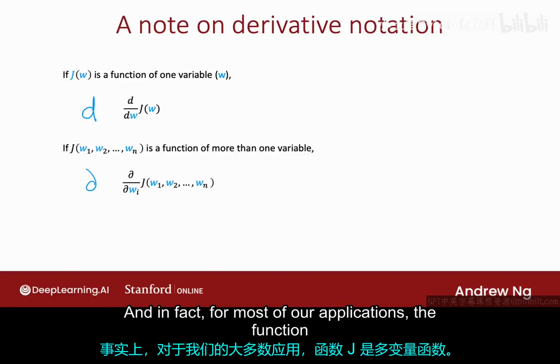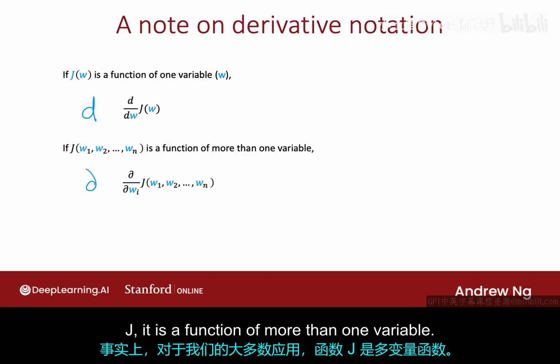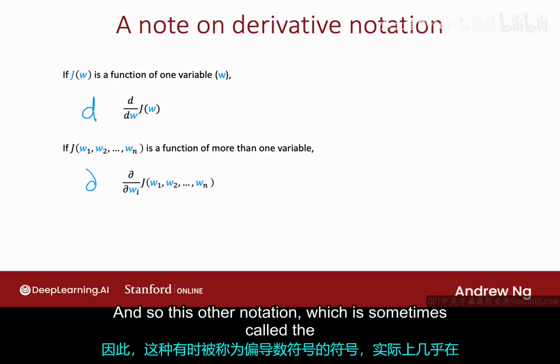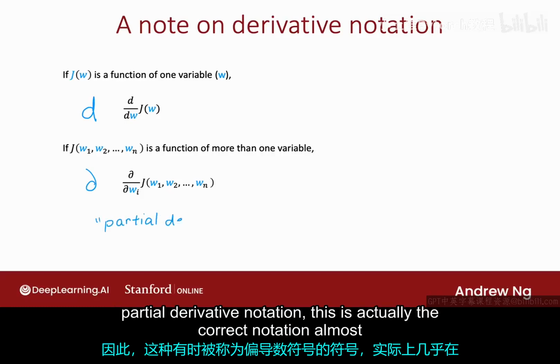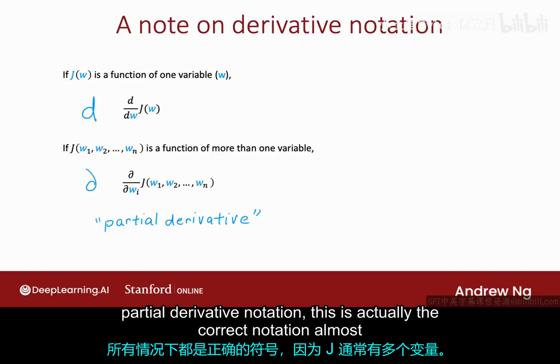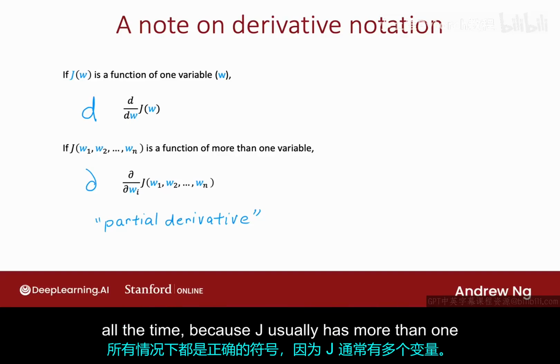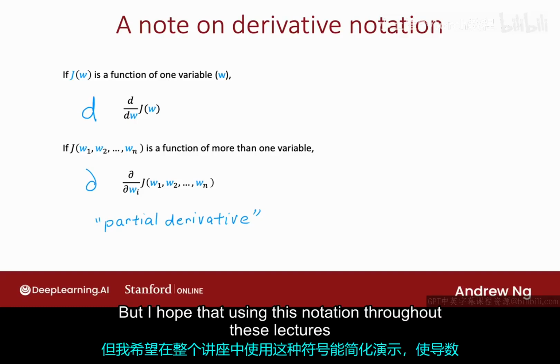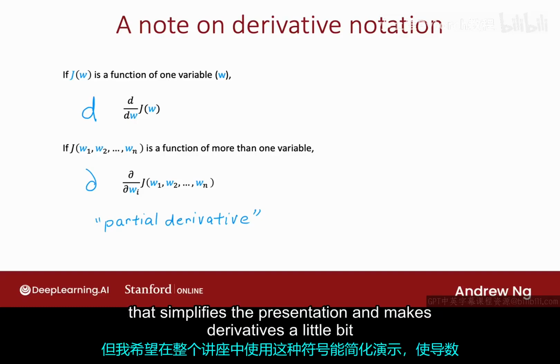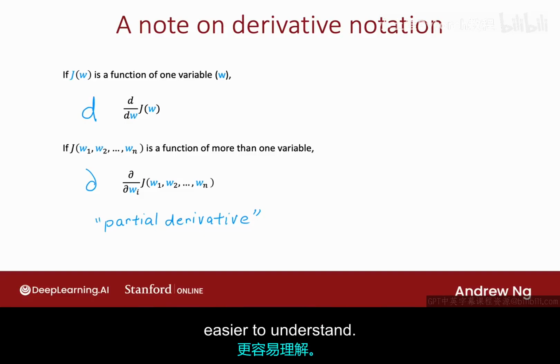And in fact, for most of our applications, the function j is a function of more than one variable. And so this other notation, which is sometimes called the partial derivative notation, is actually the correct notation almost all the time because j usually has more than one variable. But I hope that using this notation throughout these lectures simplifies the presentation and makes derivatives a little bit easier to understand.